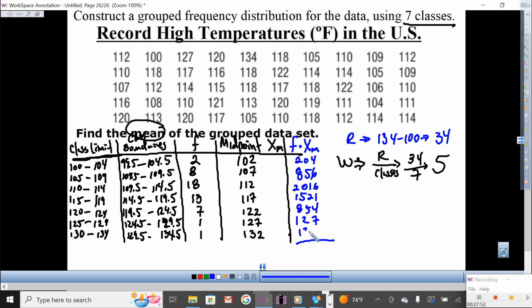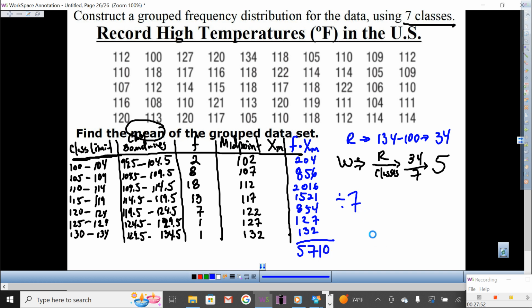127 and 132. And now we have to just add all of these and divide by how much, guys? Divide by 7, yes? Somebody give me the sum of all of these, please. 204 plus 856 plus 2016 plus 1521 plus 854 plus 127 plus 132 is 5,710.